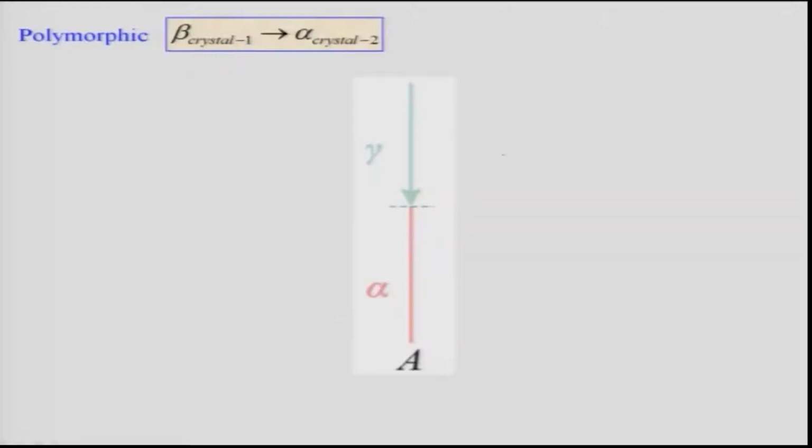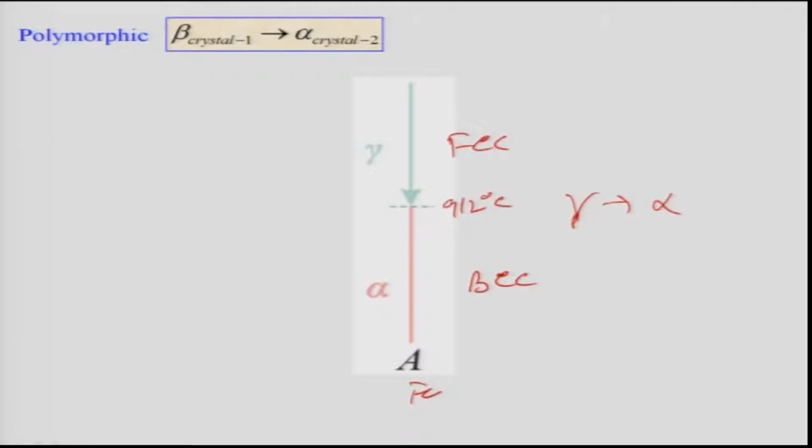Polymorphic, as I told you, is beta going to alpha or gamma, whatever it is. Here it is gamma going to alpha, just like pure iron I told you, the gamma to alpha transformation is at 912 degrees Celsius, gamma is FCC and alpha is BCC in pure iron. So this transformation does not require any compositional change.